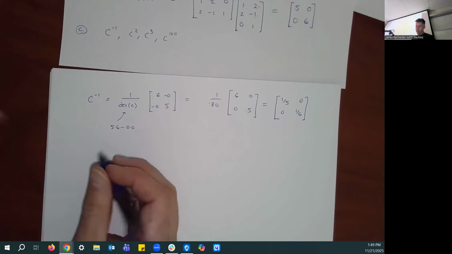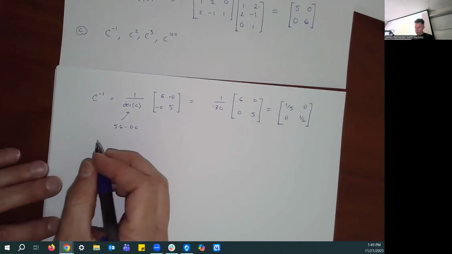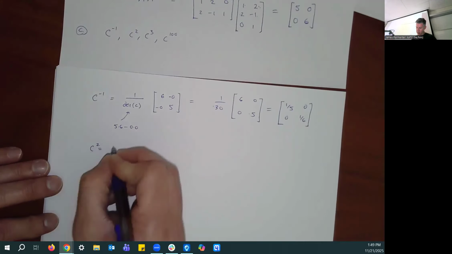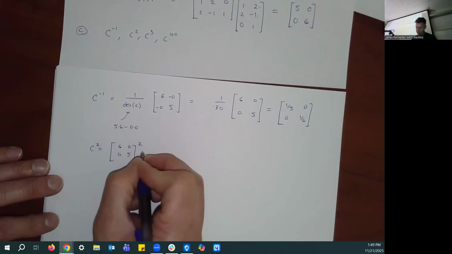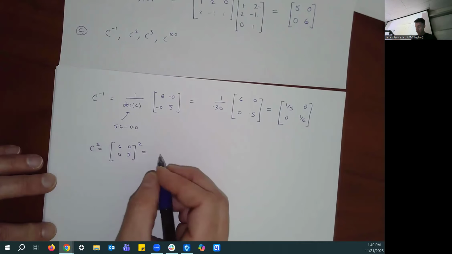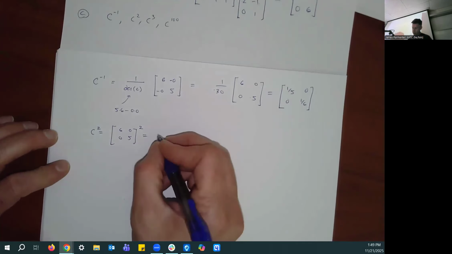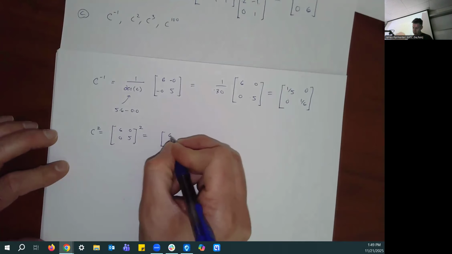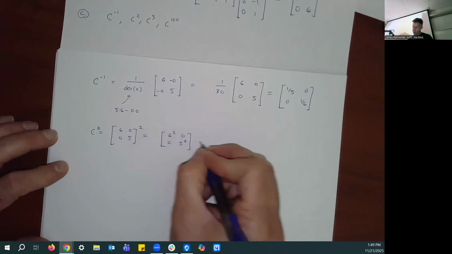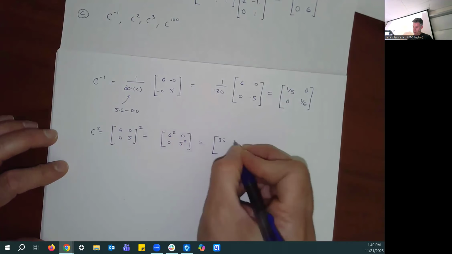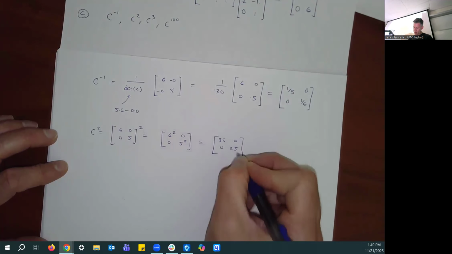So based on what we just did before, these other 3 are not too terrible at all. C squared, well, it's going to be the matrix 6, 0, 0, 5 squared. And we saw that for diagonal matrices, if you raise it to a power, you just raise the diagonal entries to that power. That's going to be 6 squared, 0, 0, 5 squared. And this, you should probably write as 36, 0, 0, 25.